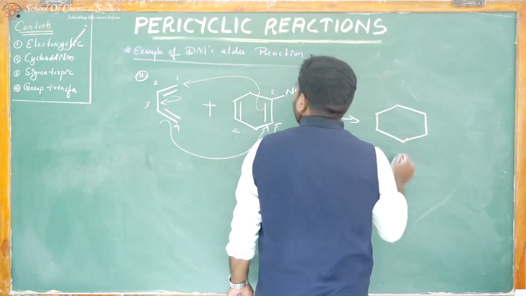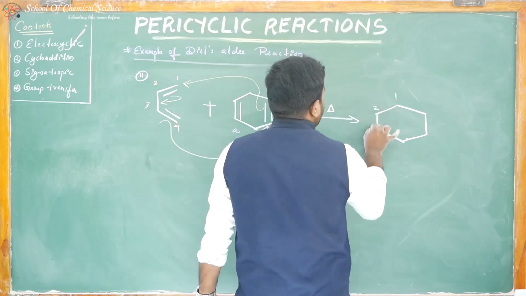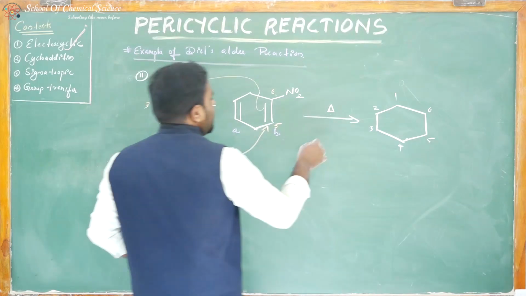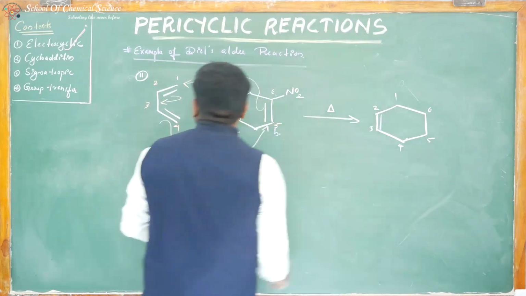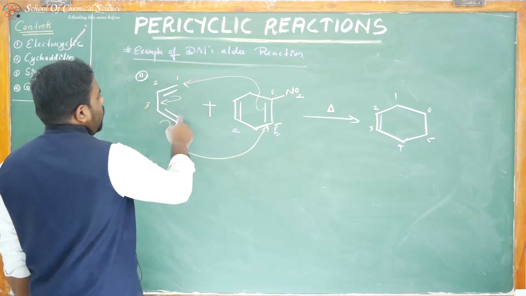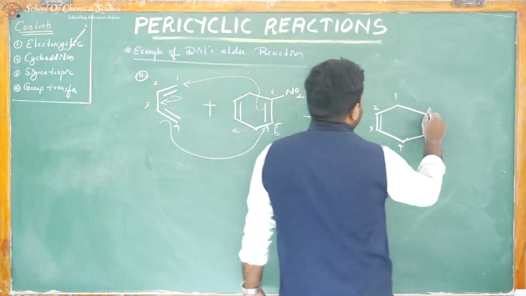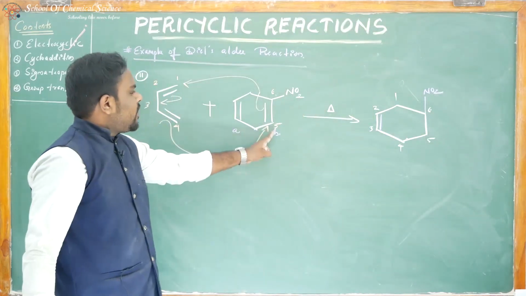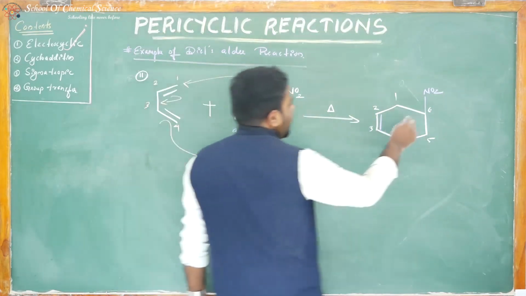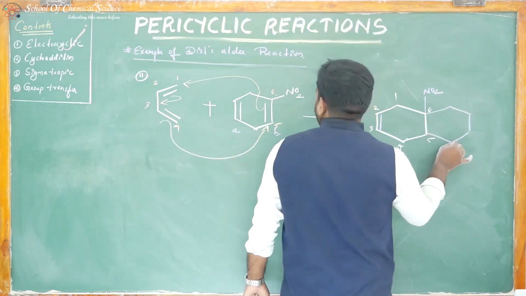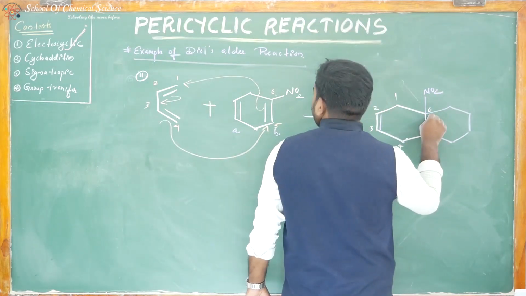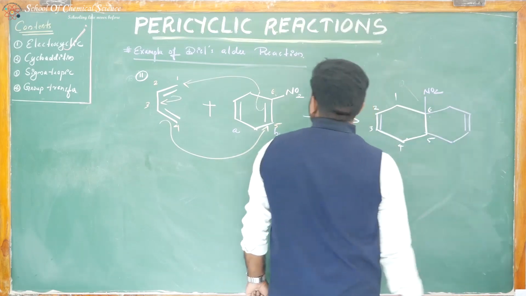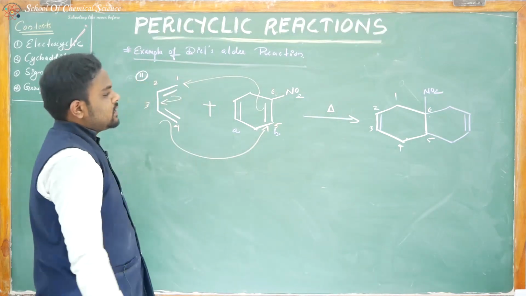Between 2 and 3, a new pi bond is formed. 1 is connected to 6 and this 6 contains an NO2. 4 is connected to 5 and the remaining portion of the ring is another benzene ring. This is the product. Clear?